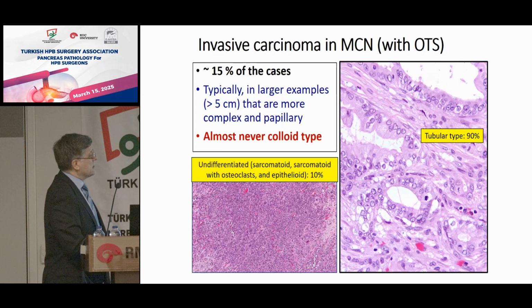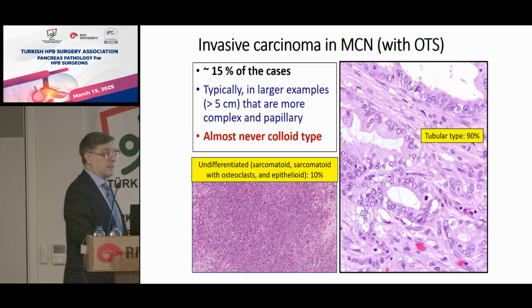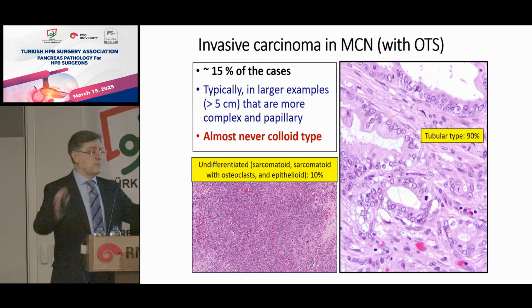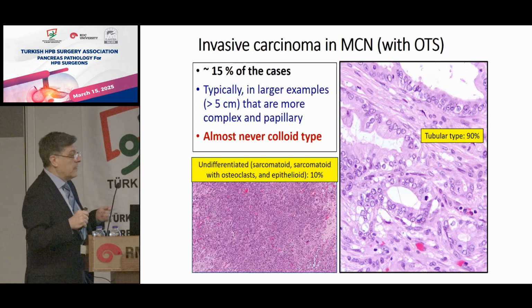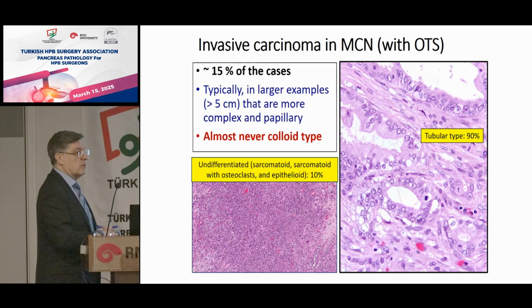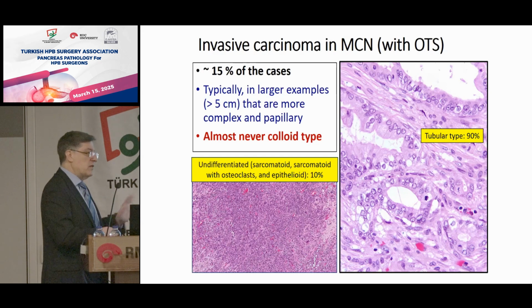Most of the invasive cancers that develop in MCNs are PDACs. So that's yet another reason: if MCNs are non-invasive, perfect, send them home. But once they become invasive, just like branch duct IPMNs, it's the bad kind. We don't see colloid carcinoma, for instance, in these. So invasion is really bad.